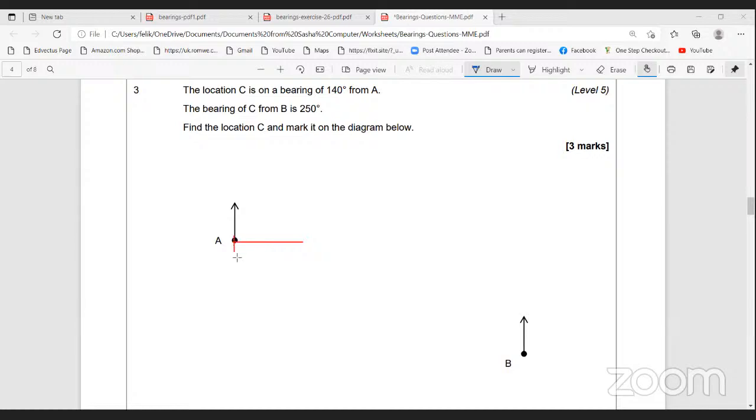Let me take off one of these. So you have an idea where 90 degrees is, and then having 90 degrees, you need to have an idea where 180 is.